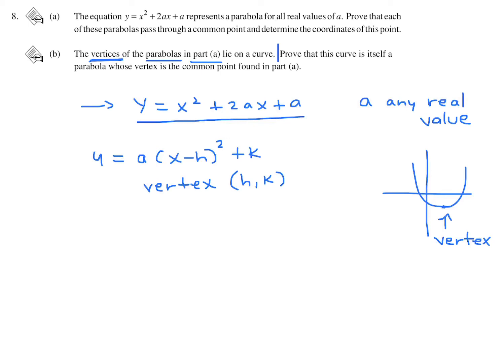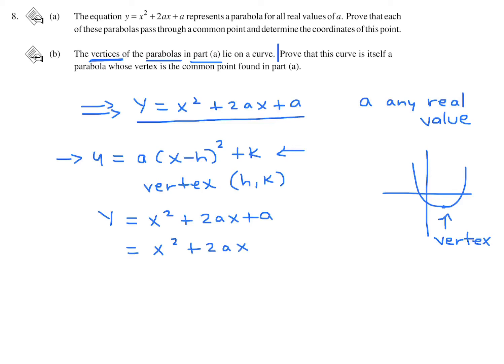So what we have to first do is write this formula in this form, and that will help us figure out what the vertex is, what the vertices are. So let's do that. y is equal to x squared plus 2ax plus a. Now how do we get this into this form? Well, with a little bit of fancy algebra.